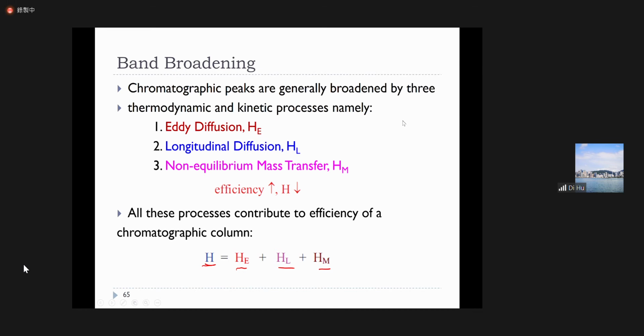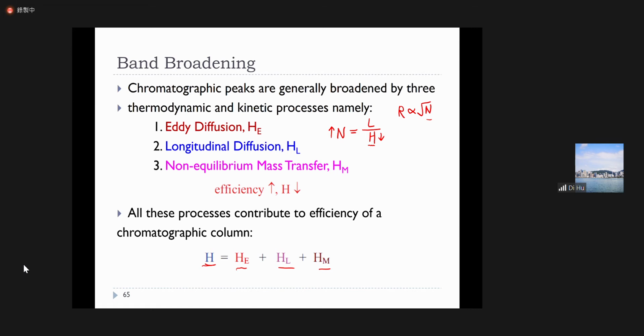Why is that? Because the plate number N equals the length of the column divided by H, right? So if we have small H, then you have more plate number. And remember, resolution is proportional to what? The square root of N, right? So the resolution of the column separation is really related to the square root of N. That means the larger N, the better resolution.